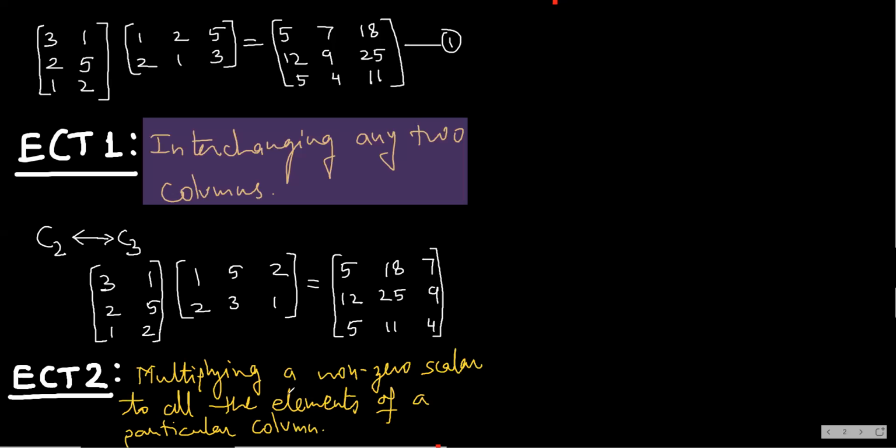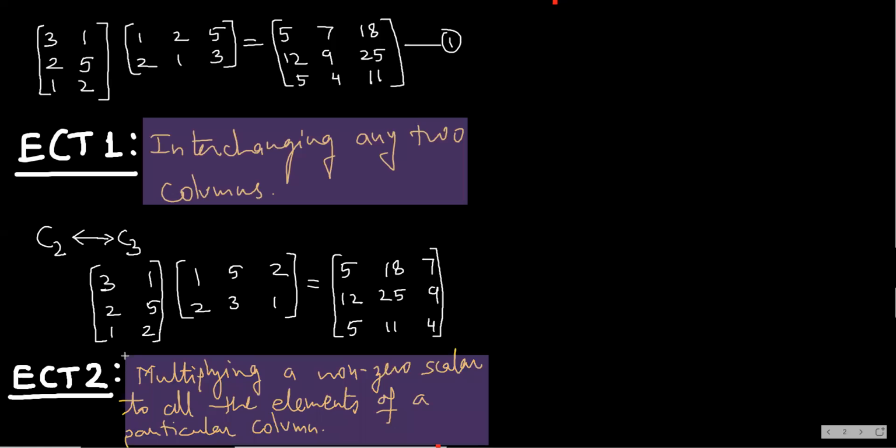You remember a similar thing we had for ERT, but that was for the rows. So multiplying a non-zero scalar to all the elements of a particular column.